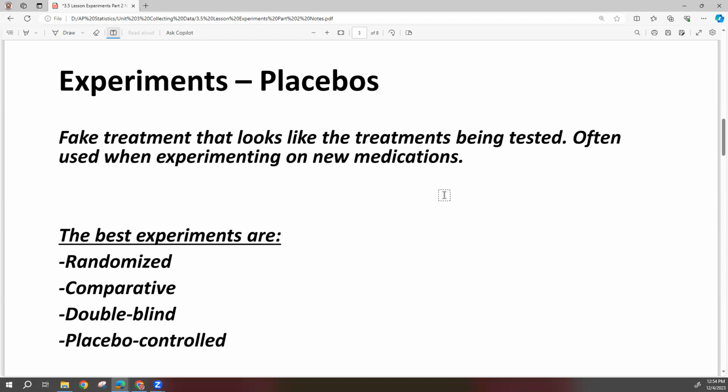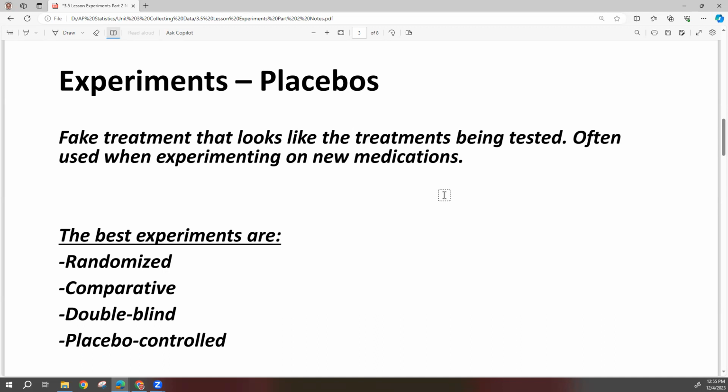So the body will do interesting things if you think that you are being treated for something, then your mind can sort of play tricks on you. So, for example, if one group was given alcohol and one group was given something non-alcoholic that looked the same, they might start feeling some sort of effect of alcohol if they think they are actually drinking alcohol.